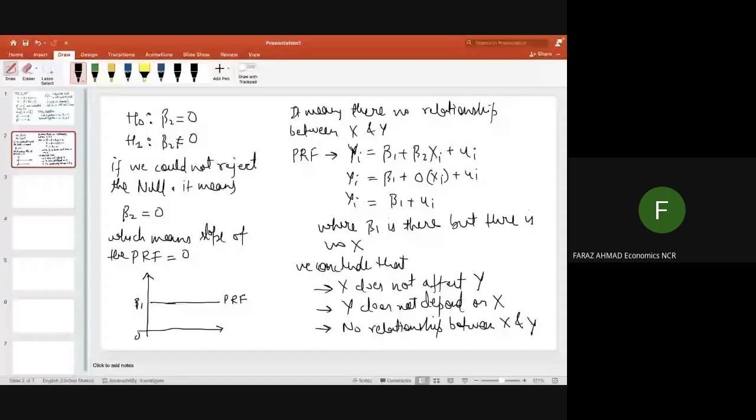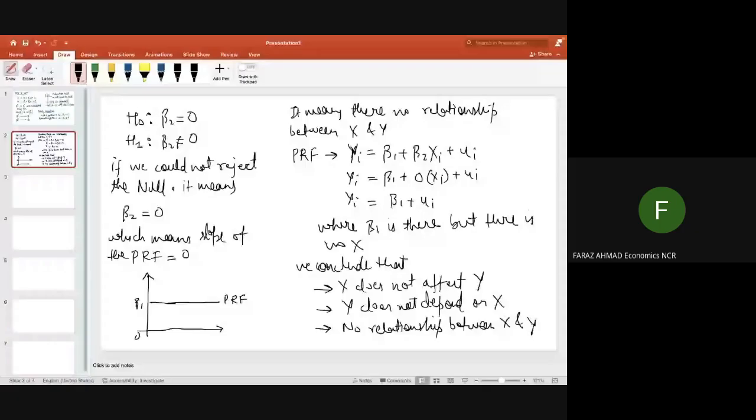So you started doing this regression, and then you found that you could not reject the null, and then beta 2 is 0. That means the PRF is flat. That means x does not affect y. That means there is no relationship between x and y. So you would not be happy as a researcher. So researchers want to reject this null. They would like to reject the null.